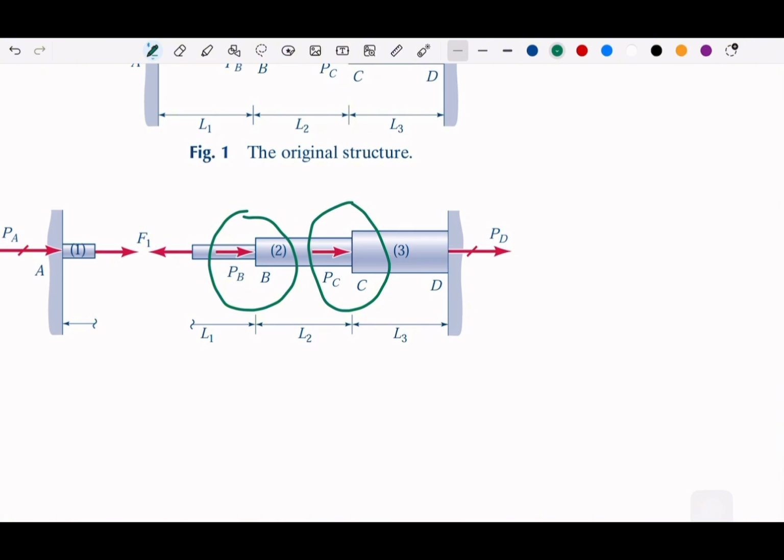When we cut section B, we are still using F1 as our so-called external force. Suppose this has F1 right here, and then it has this reaction force, and now we have another force from element 2.